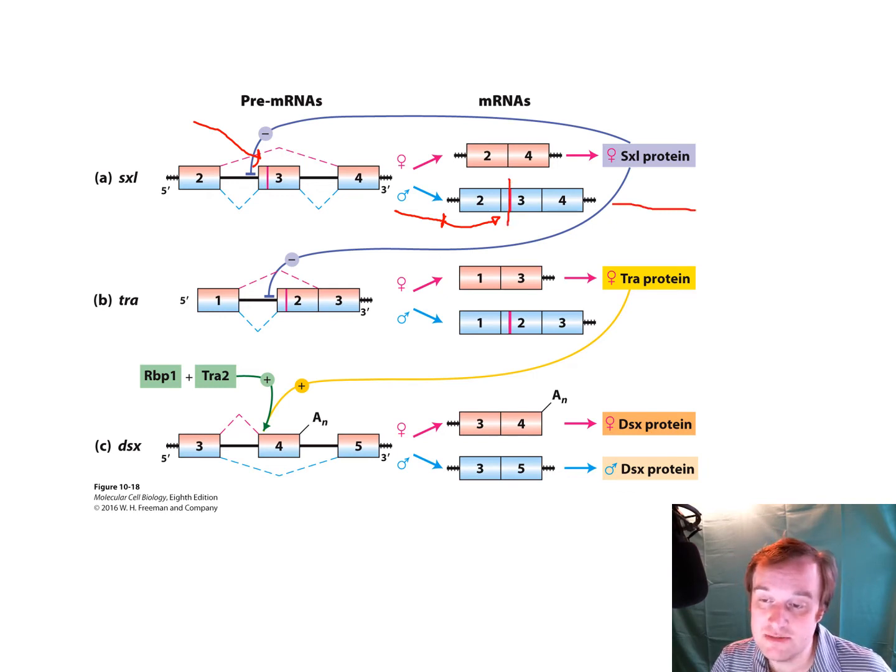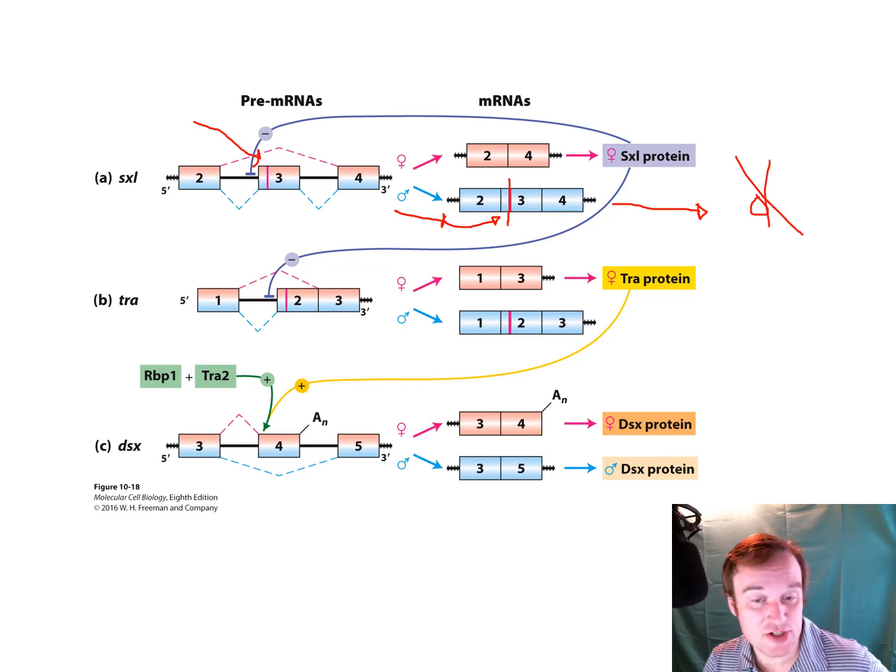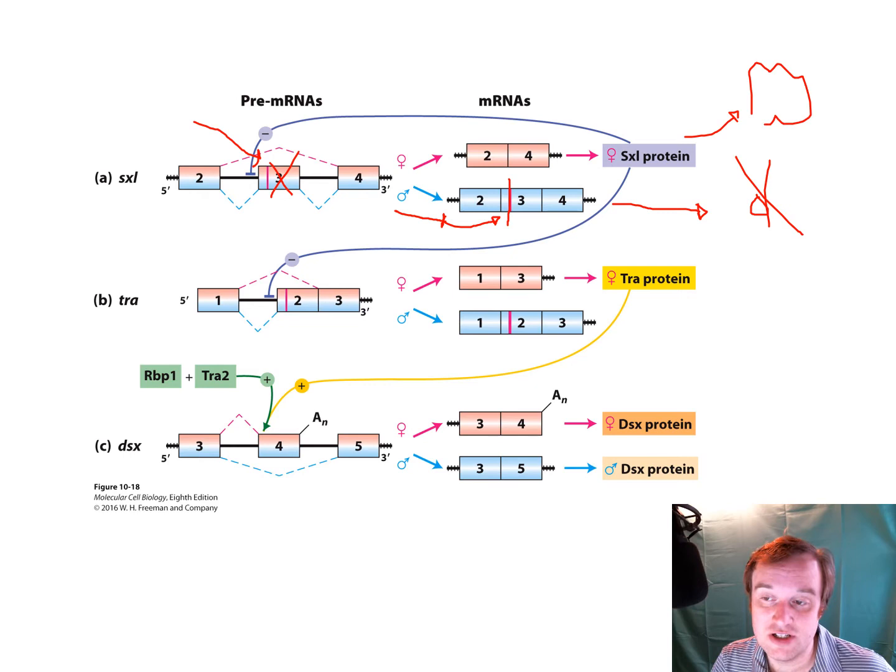So when this becomes a protein, we're going to have a non-functional protein, right? Because it's missing part of it because there is that premature stop codon. In females, we do not include exon number 3, and so we only have 2 and 4, so we're going to end up with a fully functional protein of some sort.